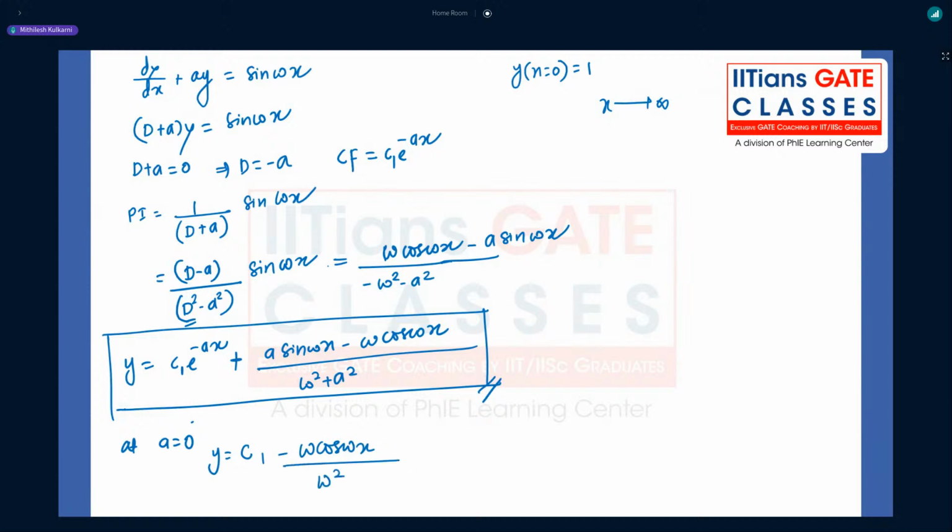So this omega and omega will get cancelled, and we'll have the term C1 minus cos of omega x divided by omega.